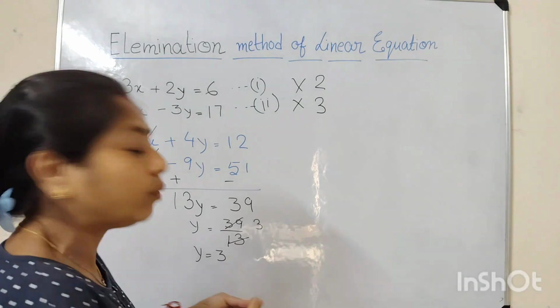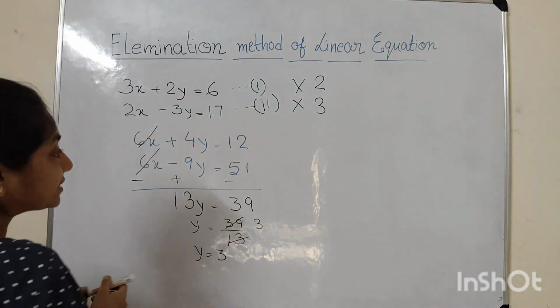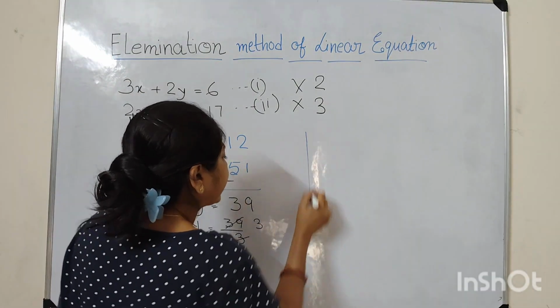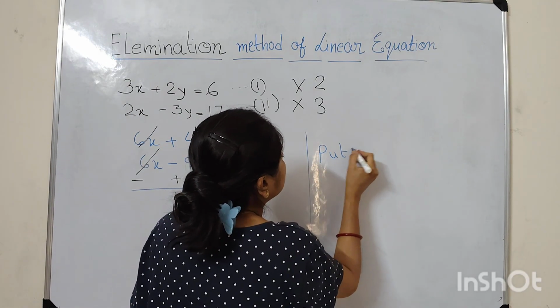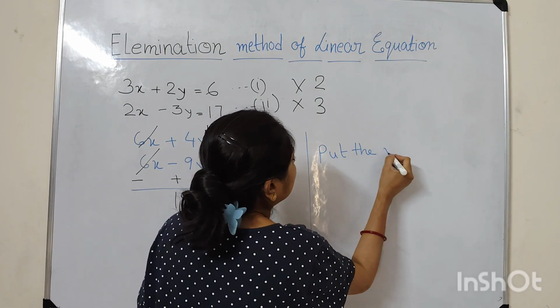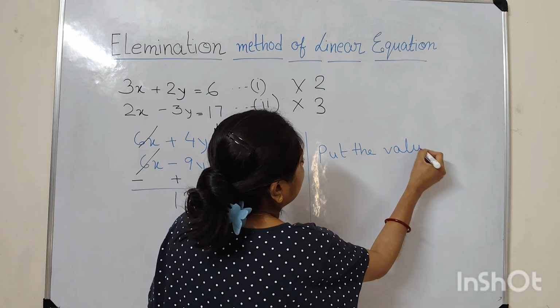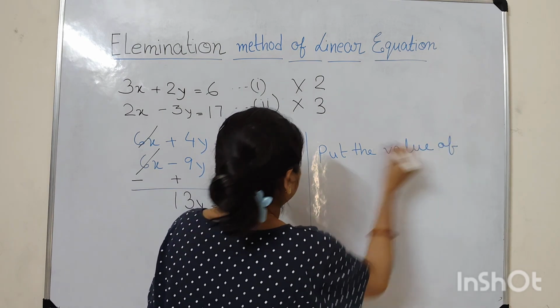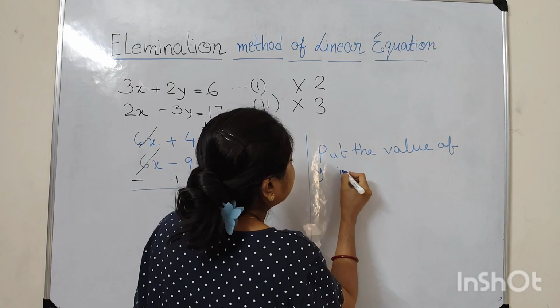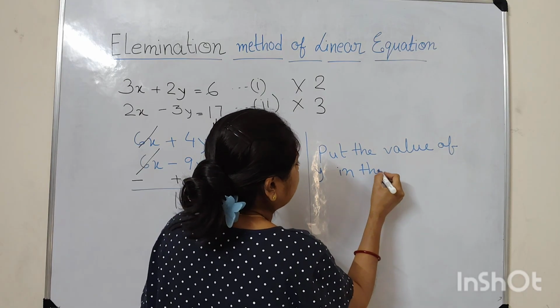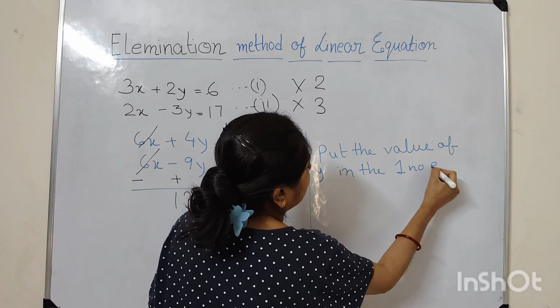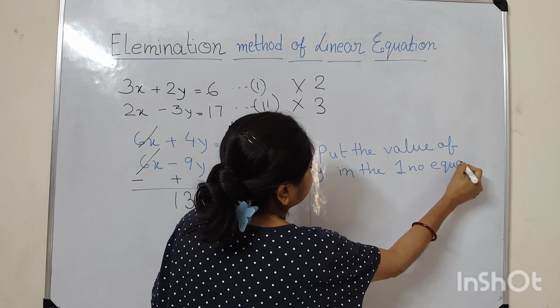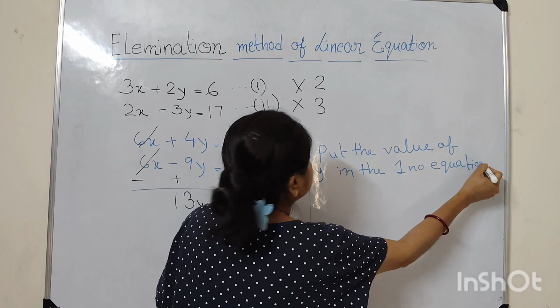Now you have found one variable's value. Then what's the second step? Second step, put the value of y in the first equation. What's our first equation?